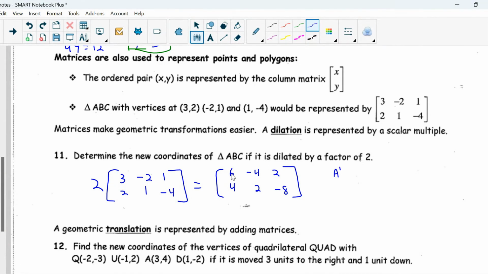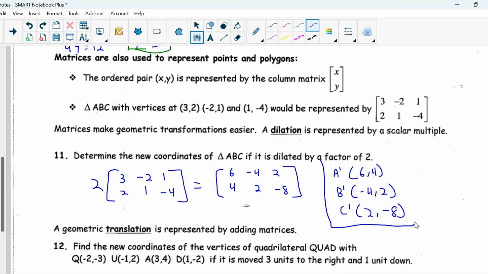So A prime, remember we have X over Y, would be 6 over 4. 6 is our X, 4 is our Y. B prime would be our second column, negative 4 and 2. And finally, C prime would be our third column, 2 and negative 8. These right here are the new coordinates of our transformed polygon.